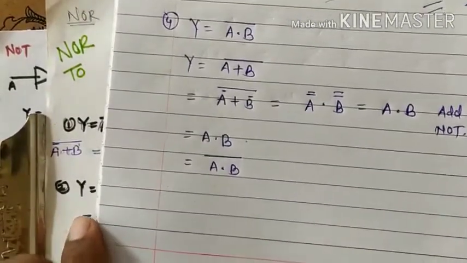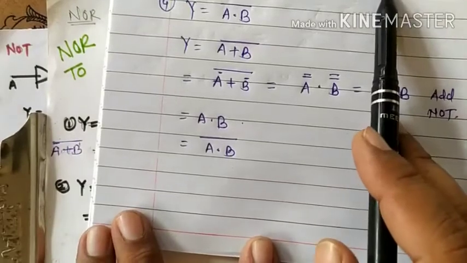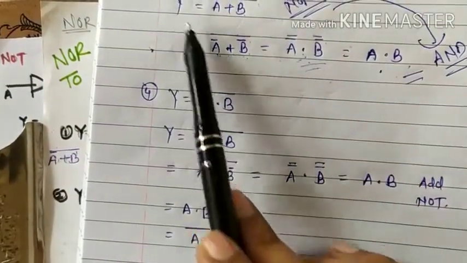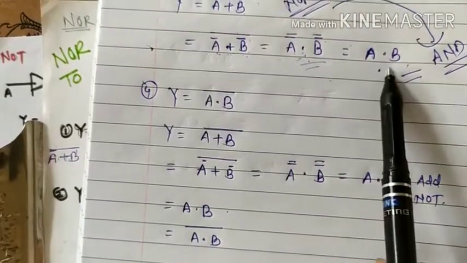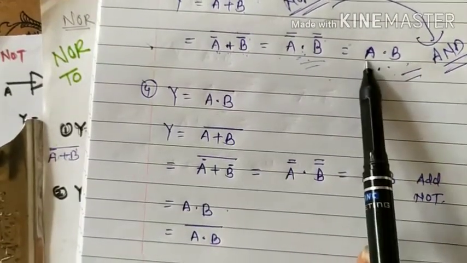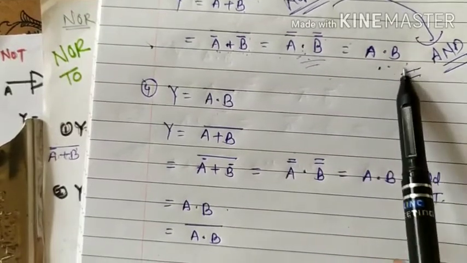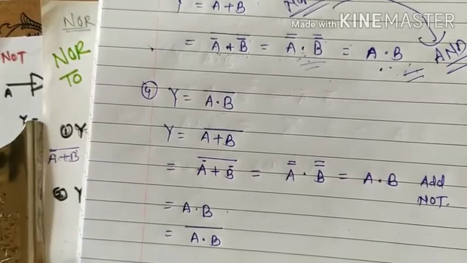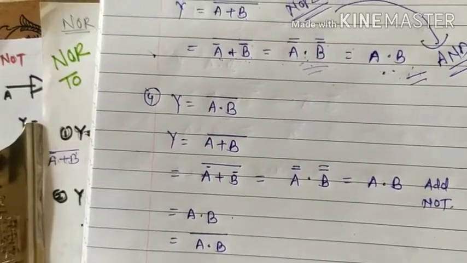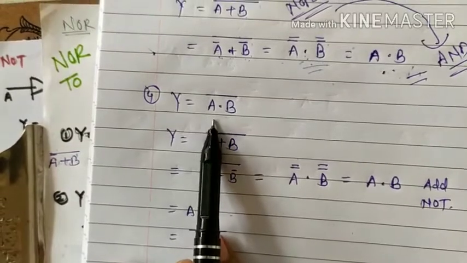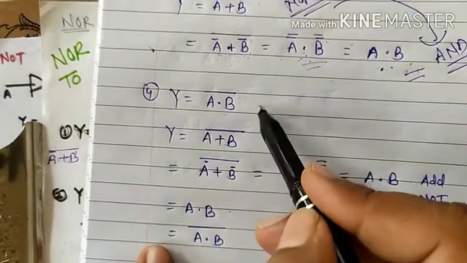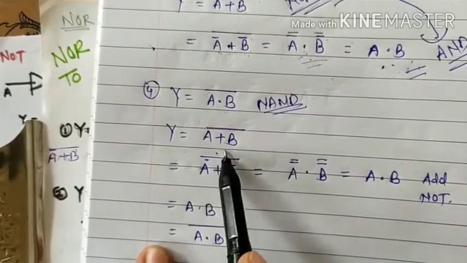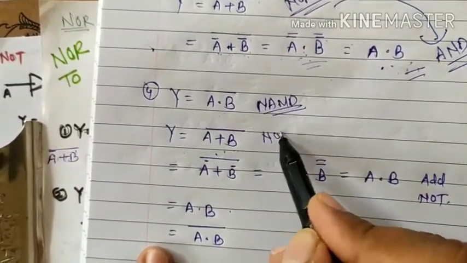And the next one is, see here, from the conversion of the NOR gate into an AND gate, you get an AND gate. So just implement one NOT gate in front of this AND gate and it becomes a NAND gate. See here, are you visible? Yes. So y is equal to (a into b) bar, which is our NAND gate. And y is equal to (a plus b) bar is our NOR gate.